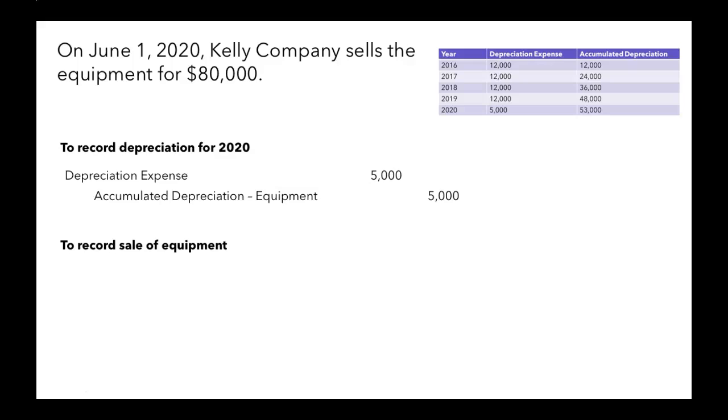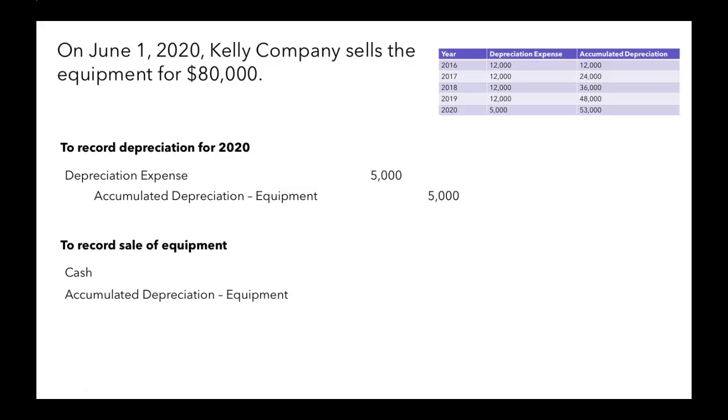So now to record the sale of the equipment. What accounts are we going to be looking at? Well, we will be receiving cash, right? We're selling this equipment, so we are getting cash, so we debit our cash. We also need to get our accumulated depreciation off of the books.